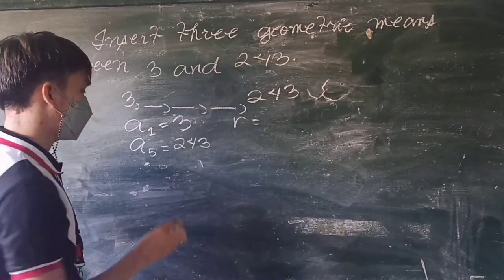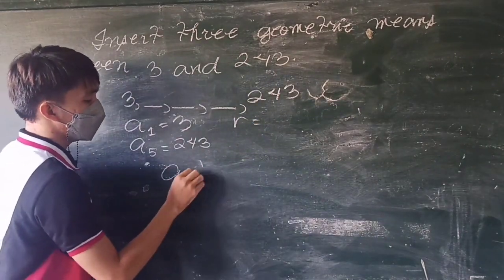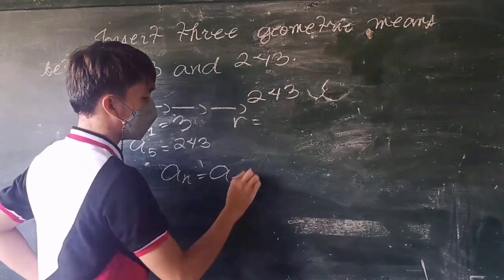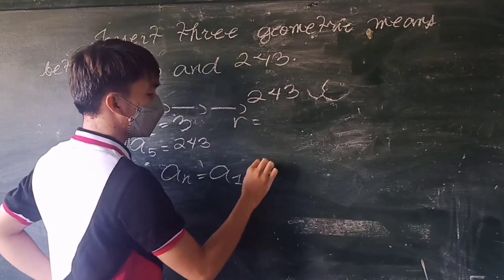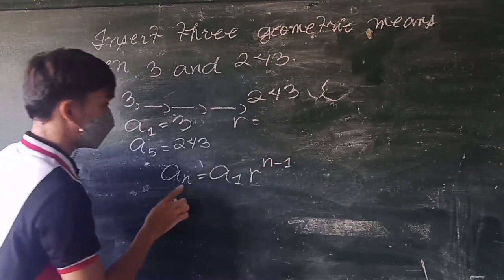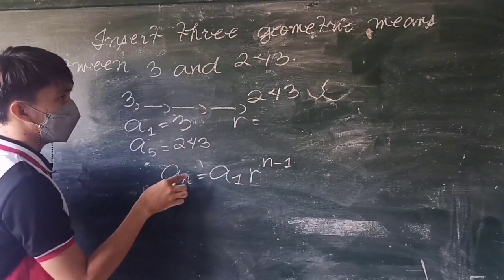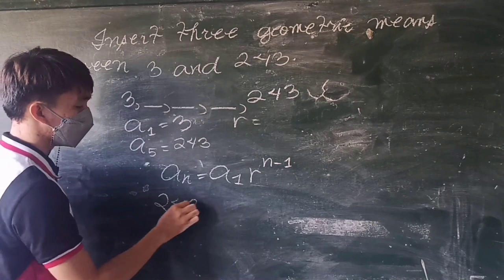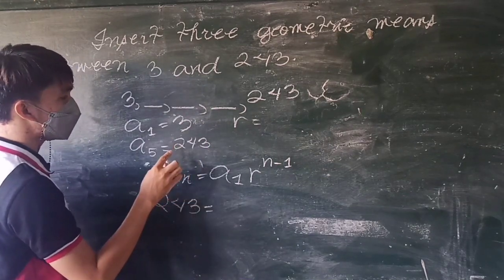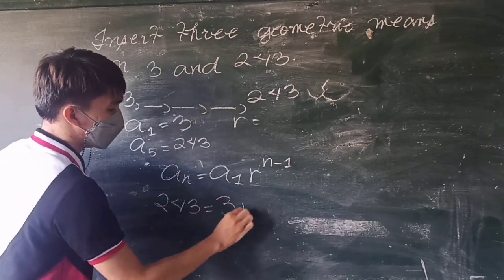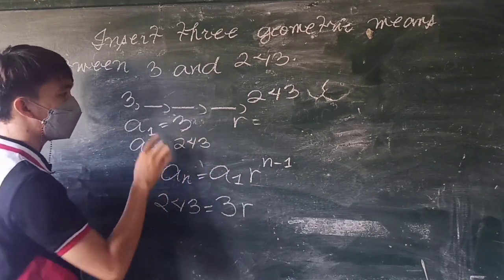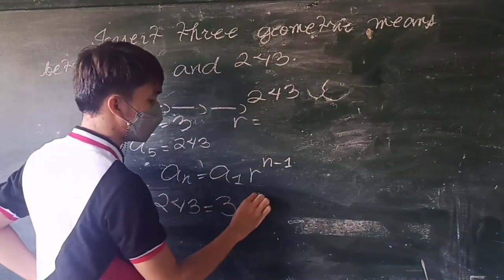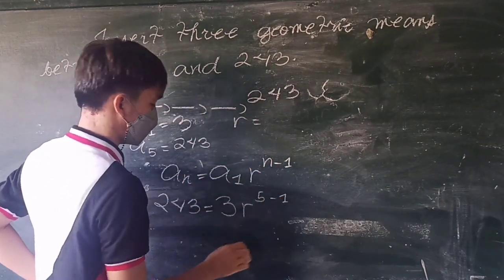Let's use the formula a sub n equals a sub 1 times r raised to the power of n minus 1. A sub n, we have a sub 5, which is equal to 243. A sub 1 is 3. Then that's the r. How many terms do we have? We have 1, 2, 3, 4, 5. So it's 5 here minus 1.